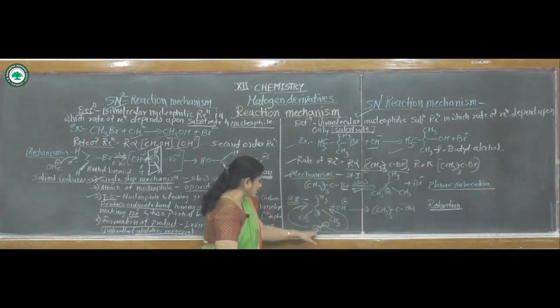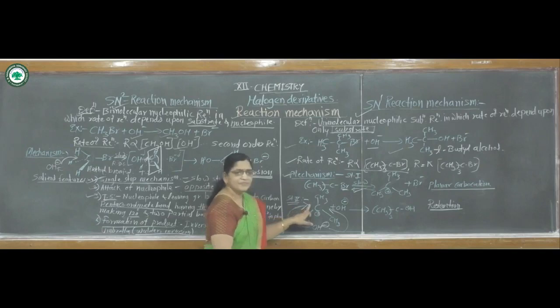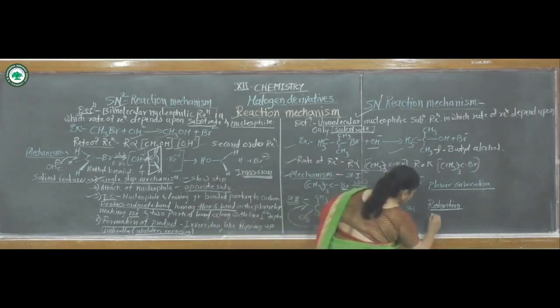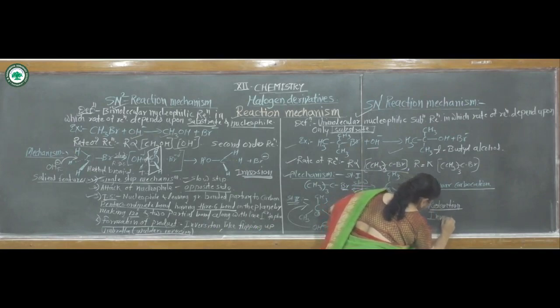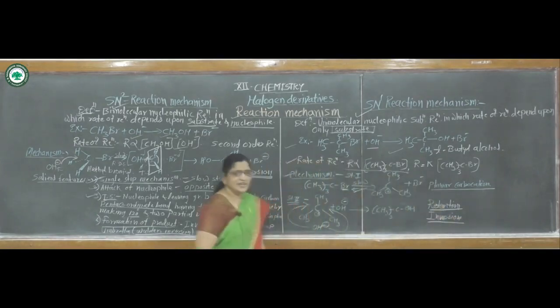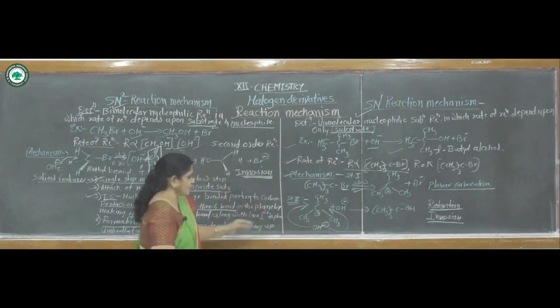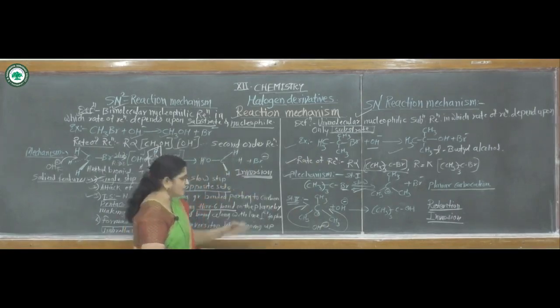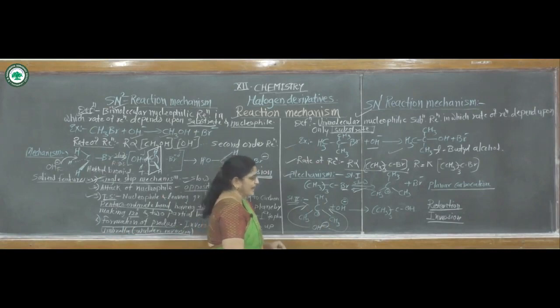And if OH minus attacks from the back side, then the product is inversion in configuration. That means it gives a racemic mixture, or racemization is formed in this SN1 mechanism.